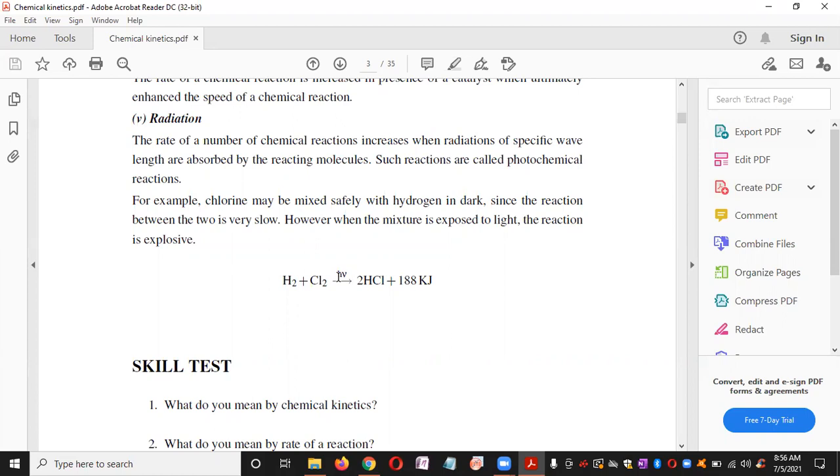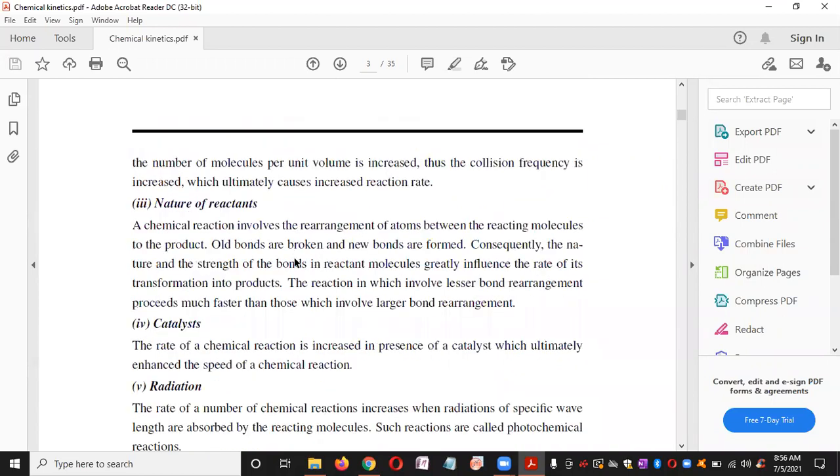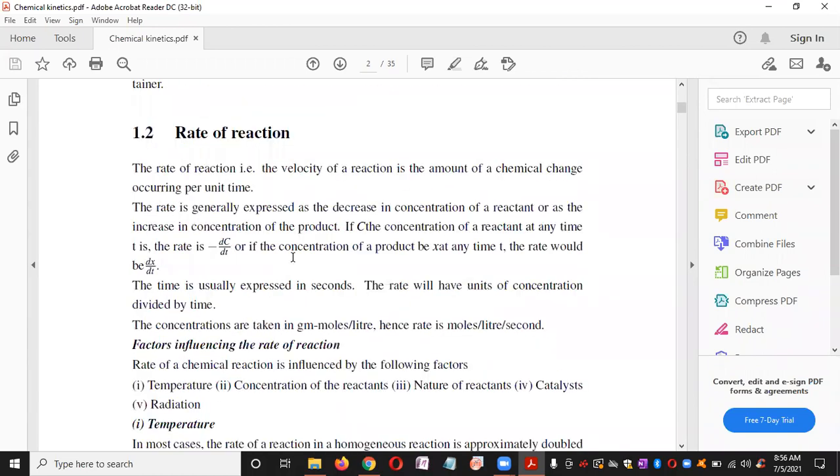If you know the frequency of any radiation, we can easily calculate the energy associated with that radiation by using E is equal to h nu. So h nu means we are supplying energy in the form of radiation. For example, the formation of HCl from H2 plus chlorine is an exothermic reaction, and it generally takes place in presence of light. These are the factors influencing the rate of reaction.